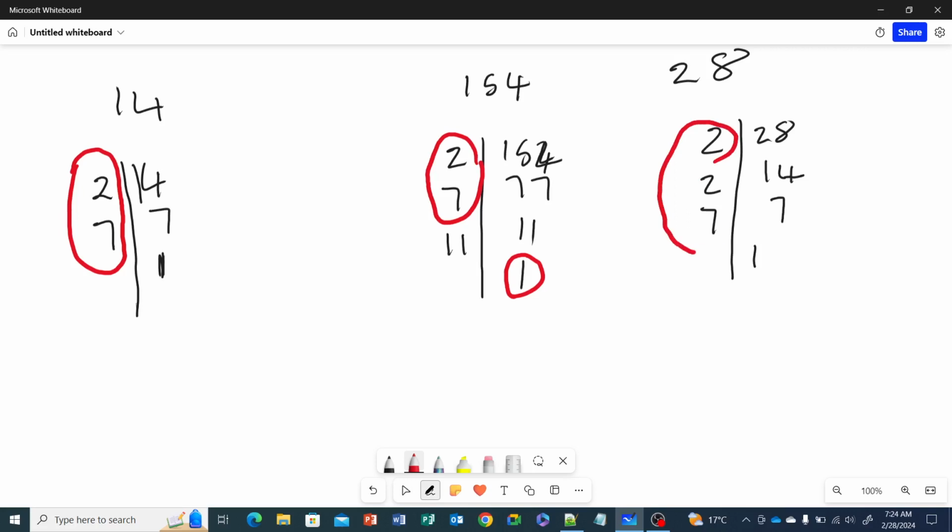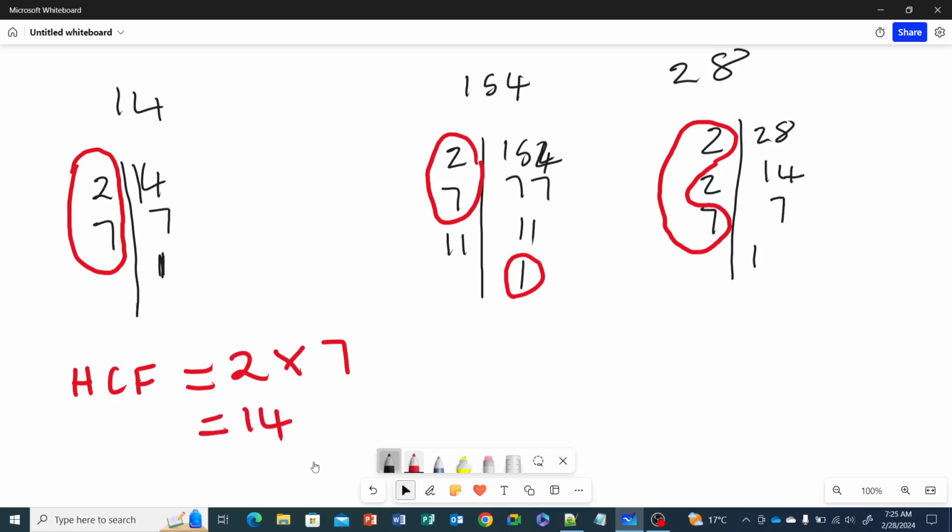Okay, like that. You look for the highest common. So our highest common factor, which is HCF, between the three numbers, it's 2 times 7, which is 14. So 14 is the highest common factor between the three numbers.